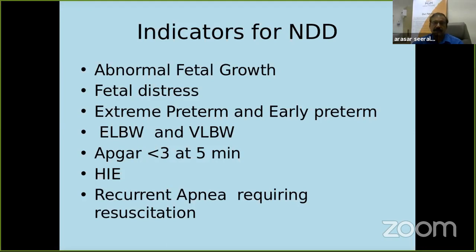Abnormal fetal growth, which means growth restricted babies in utero, babies who had fetal distress, extreme preterms including early preterms, extreme low birth weight including very low birth weight babies, any baby who has had an Apgar of less than 3 at 5 minutes, any baby who has had hypoxic ischemic encephalopathy at birth, or a baby that has had recurrent apnea requiring frequent resuscitation. These are all babies vulnerable for developmental delay or some neuronal damage, and that needs constant surveillance to pick them up early.